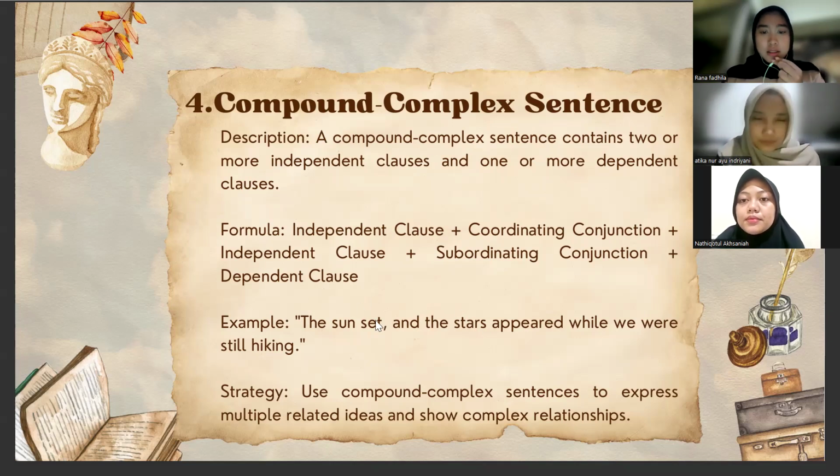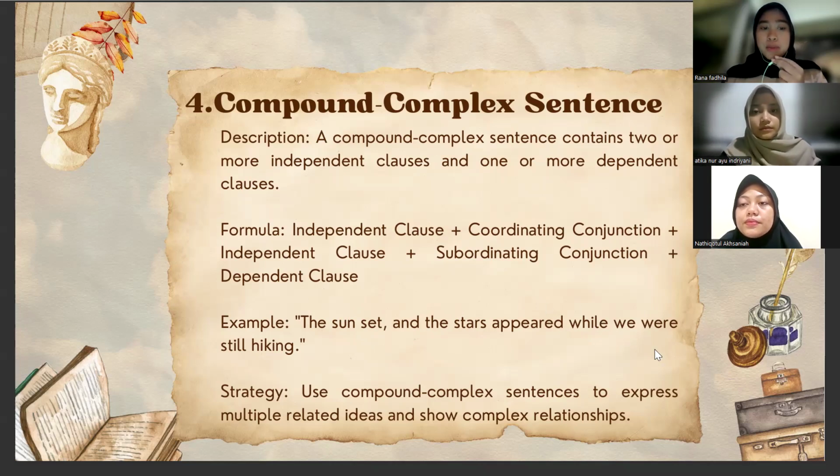The sun set and the stars appeared can each stand alone, and each is meaningful. The sun set is meaningful. The stars appeared is meaningful. While we were still hiking is not meaningful, so it is a dependent clause.